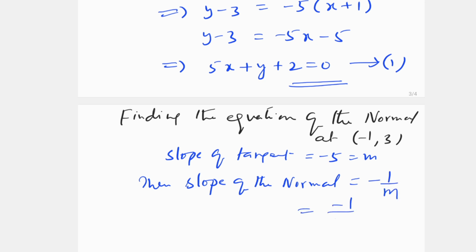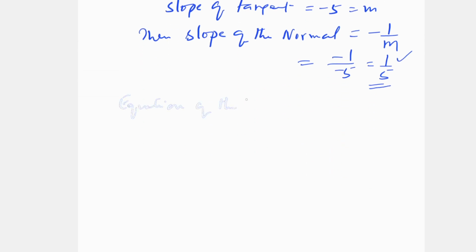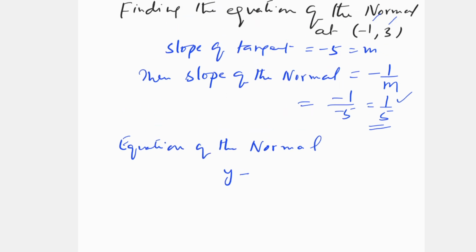Minus 1 by minus 5 is equal to 1 by 5. Take slope m as 1 by 5, and x1, y1 as minus 1, 3. Find the equation of normal now. y minus y1, y1 is 3, is equal to m bracket x minus x1, x minus minus 1 means x plus 1.